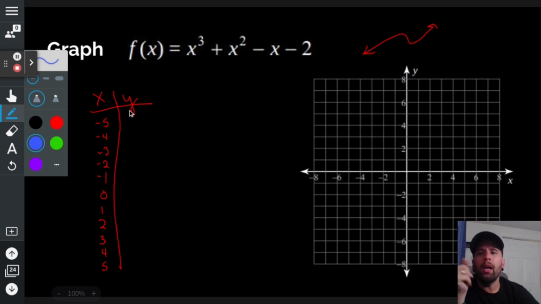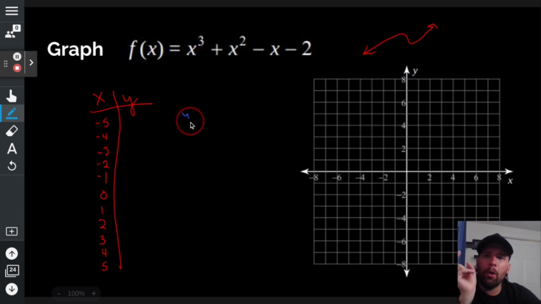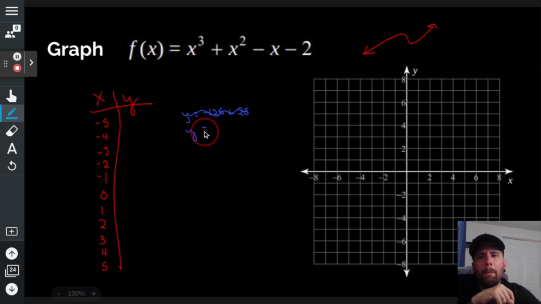So for example, if I plug in -5, I'm going to get -125, because -5 times -5 times -5 is -125, plus 25, because -5 times -5 is 25. And then minus -5, no. The number's going to be huge. I'm not doing it. If I plug in -4, that's going to give me -64 plus 16. Minus -4 is +4.